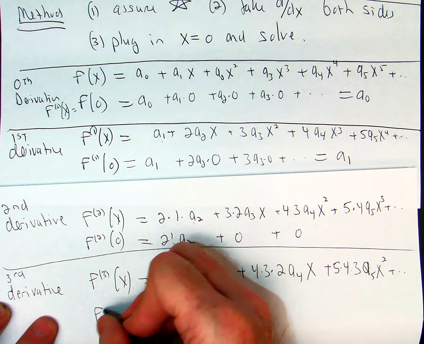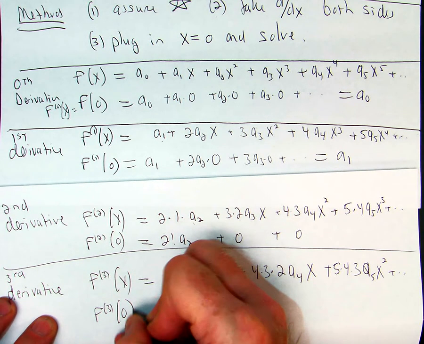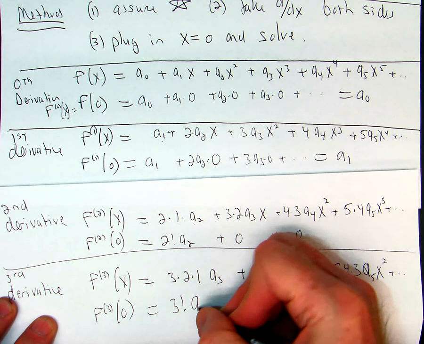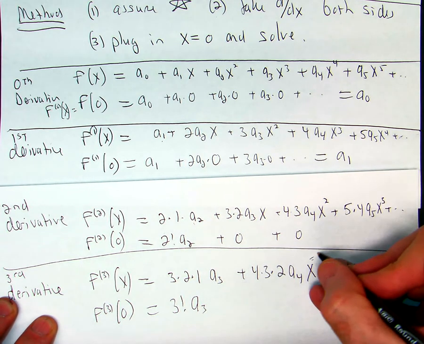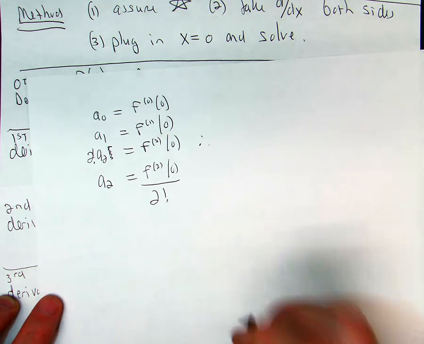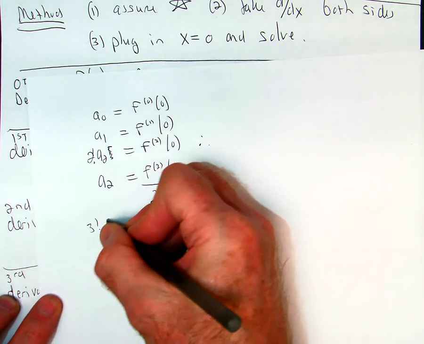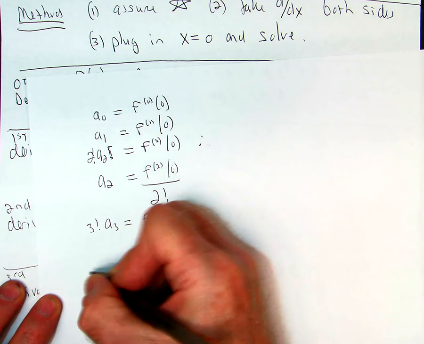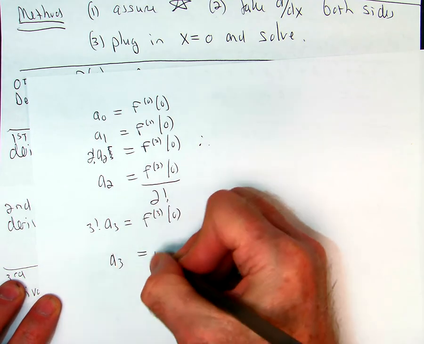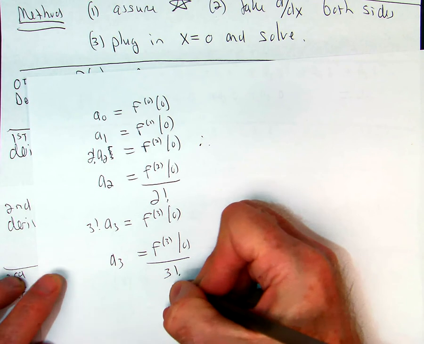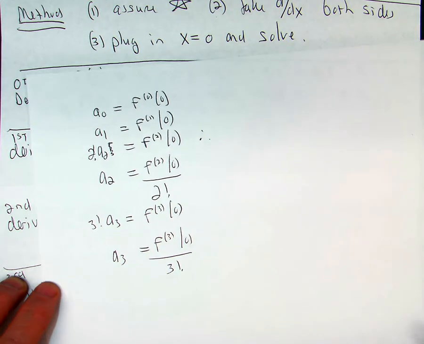Well, you can see what's going to happen. I plug in 0. I get 3 factorial a3. All these terms are going to be 0. So again, I'll record that over here. We get 3 factorial a3 equals the third derivative at 0. Therefore, a3 is the third derivative at 0 over 3 factorial. I'll do one more and that'll be it.